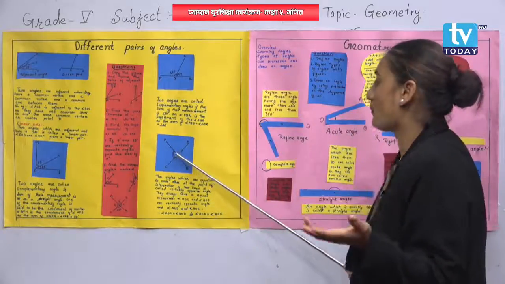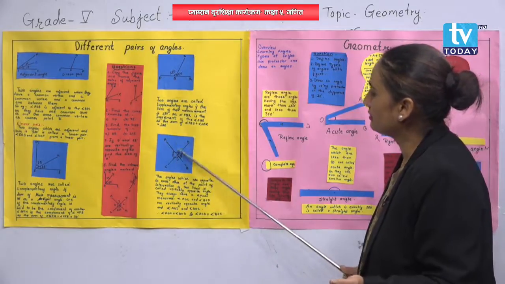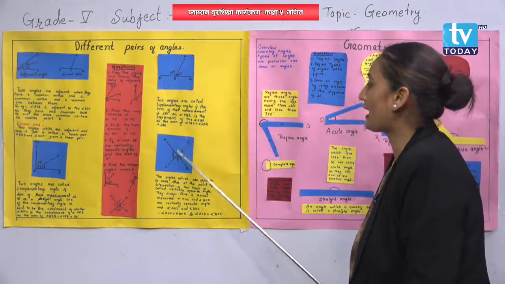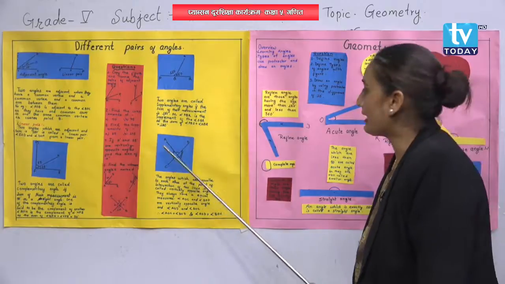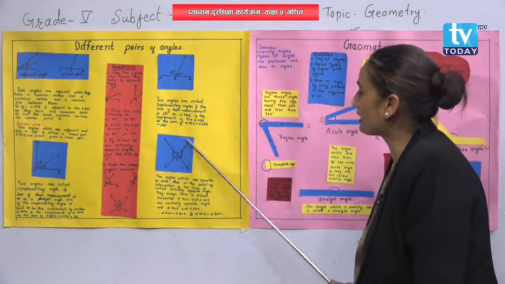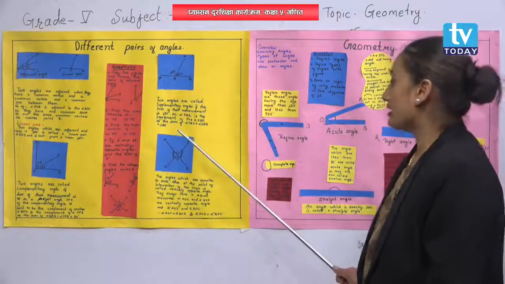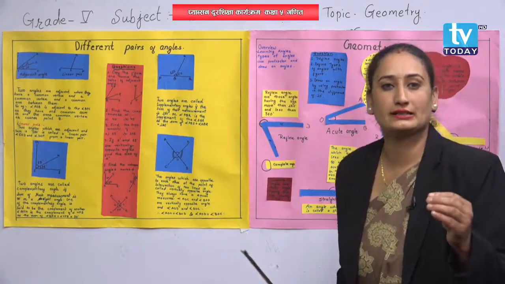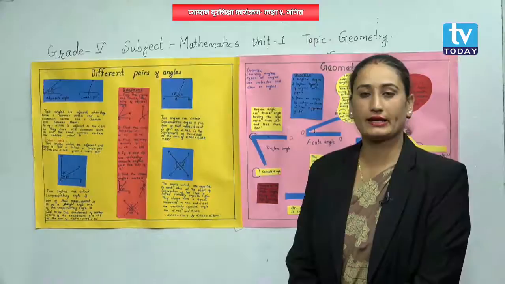These two angles, up and down, are opposite each other. And this angle, the bigger one and the bigger one, these two are opposite to each other. If the opposite angles are equal to each other, then we call it a vertically opposite angle.